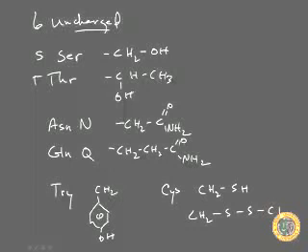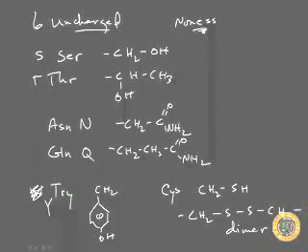Of these 6 uncharged yet polar amino acids, we have asparagine is a non-essential amino acid. Glutamine is also a non-essential. Tyrosine is non-essential. Cysteine is non-essential.